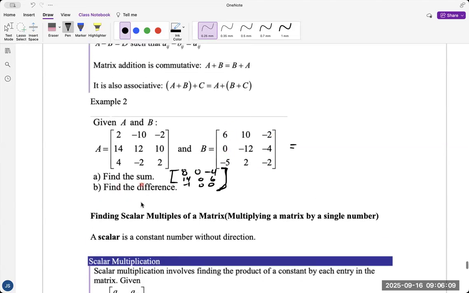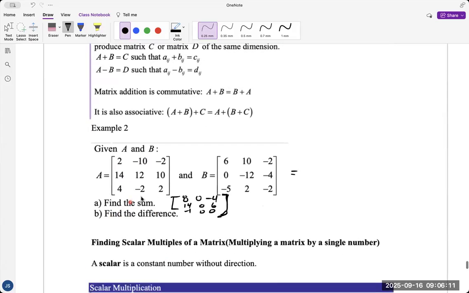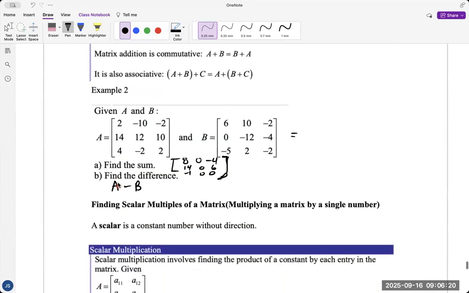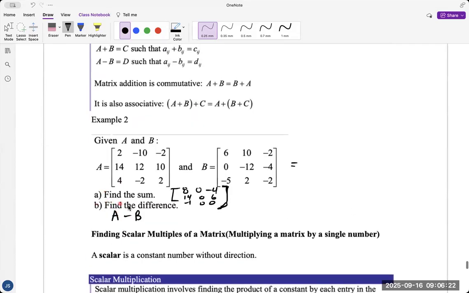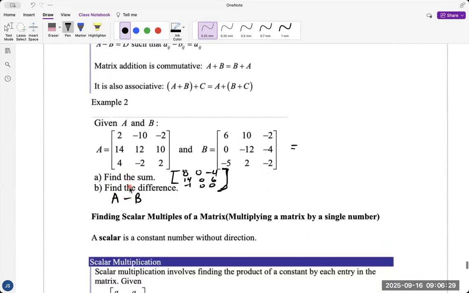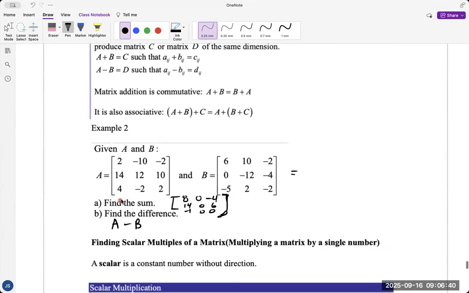And they say the difference, so they should have actually been more accurate here. They should have said A minus B. I assume that's what they meant. Sorry for them not being clear with this question.